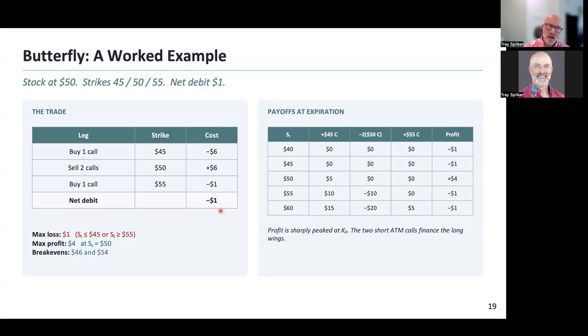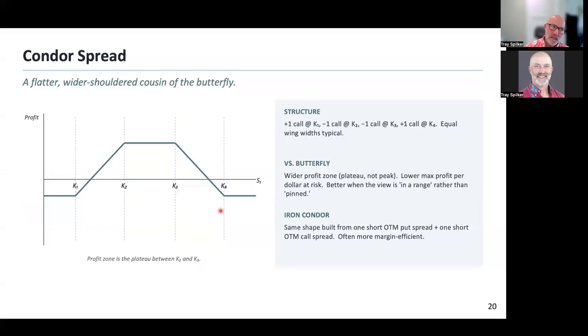Now, another related strategy that I don't think is in the textbook is called a condor spread. Basically, it looks exactly like the butterfly spread, except you're having a wider shoulder at the possible payoff. So you don't have as much high profit, right? Your typical butterfly would look more peaked.